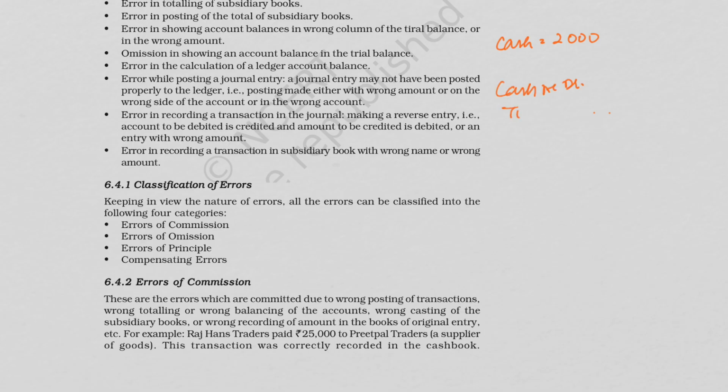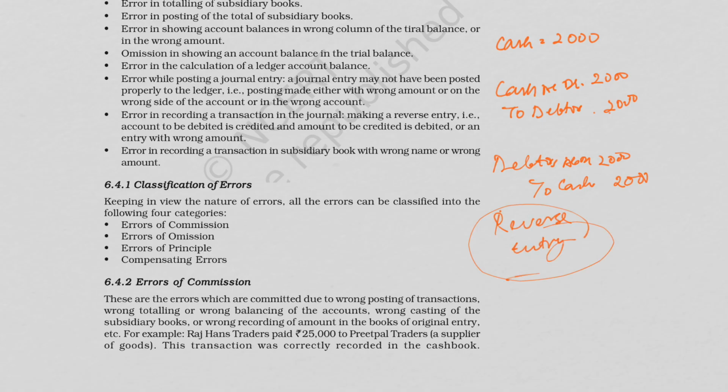We have received this from debtors, so debtors would decrease by 2,000, but instead we wrote it as debtors account debit 2,000. So instead of getting cash from debtors, we are increasing the debtors. So this is basically a reverse entry.